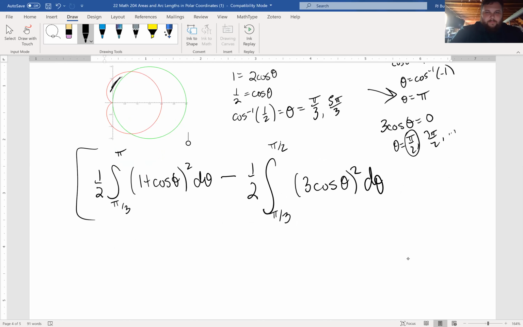And again, that only gives us 1/2 the thing that we want, so multiply everything by 2. So again, setup, tough. From here on out, not so bad.